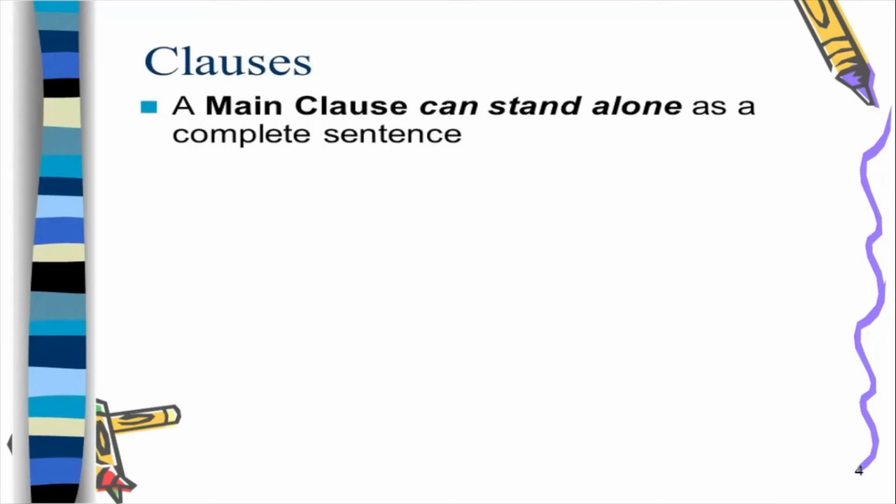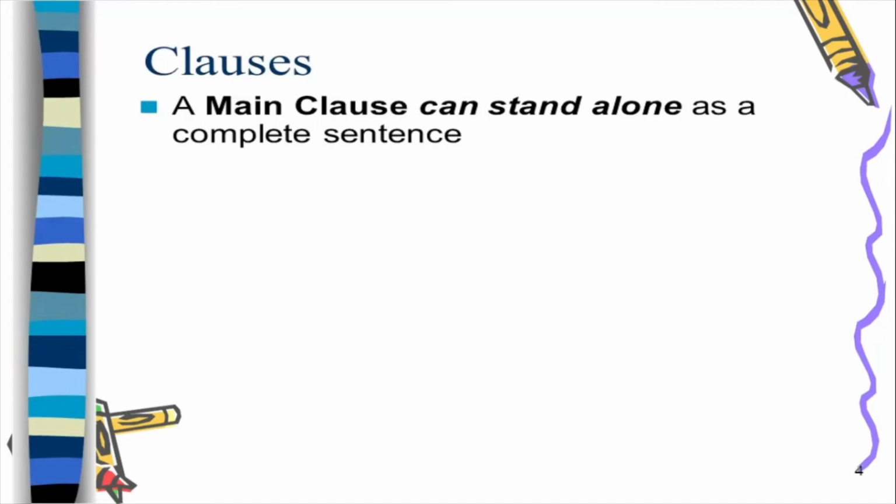But now when we are understanding what the main clause is, remember that the main clause can stand alone as a complete sentence. We have already talked about clauses. We also know that the two types of clauses are, one is the main clause, and the other is the subordinate clause.